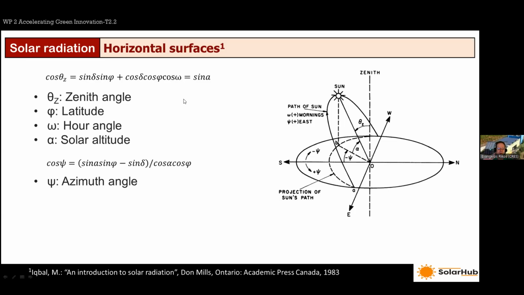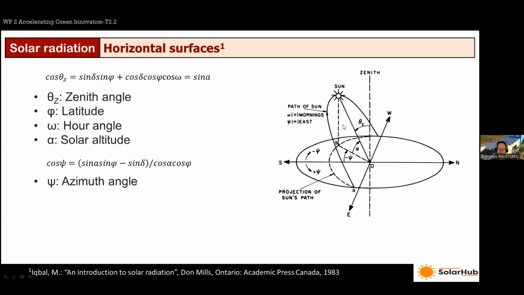So we use this representation here that illustrates the solar path over time for one day. This path changes depending on the season, which day of the year we are on.